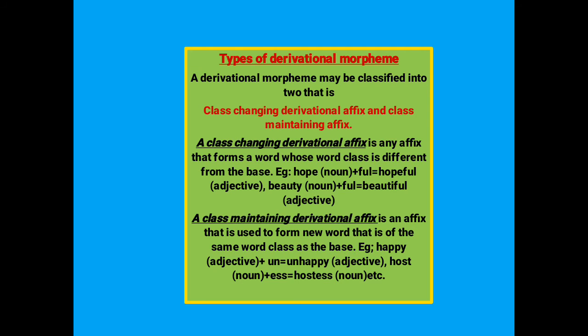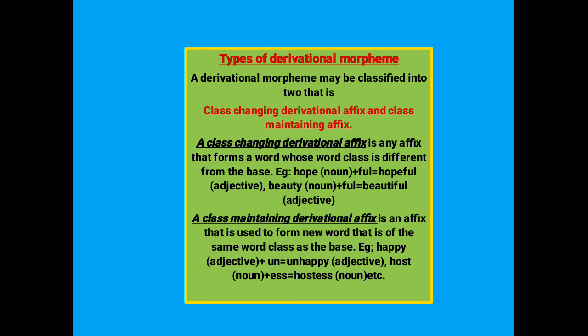So when you add a prefix or suffix to the base, it changes its word class to a different word class. Examples of word classes are noun, adjective, verb, and the rest. So when you add a suffix to the morpheme, it will either change it from noun to adjective, or from adjective to noun.